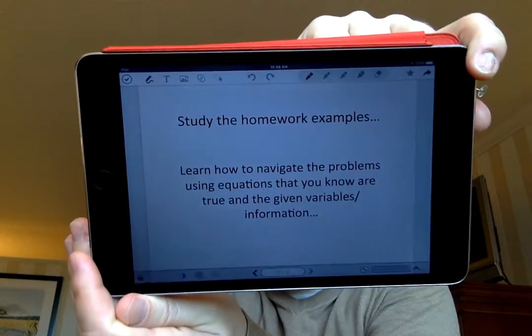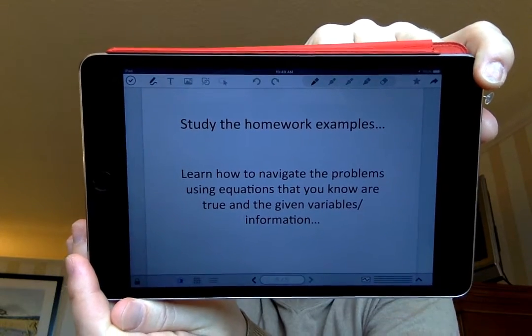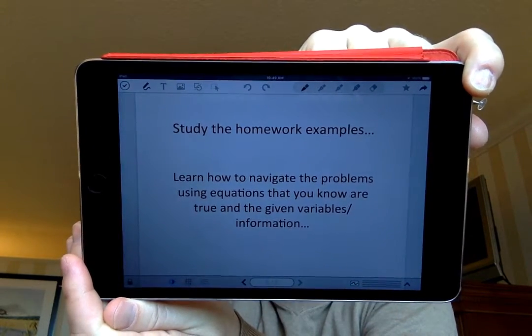This will give you some tools or a flow diagram to help you figure out what's going on. Finally, my advice always is to study the homework examples and learn how to navigate through these different thermodynamic variables and equations, generally given the problem statements or the information that you're given in the problem to help get started.